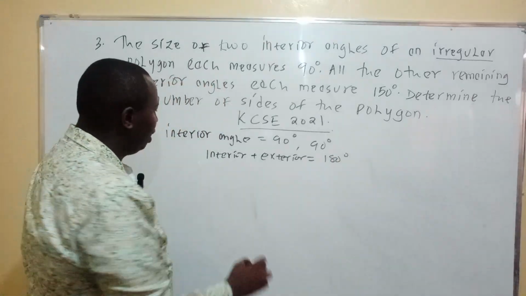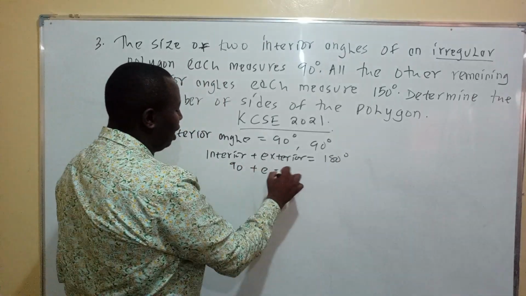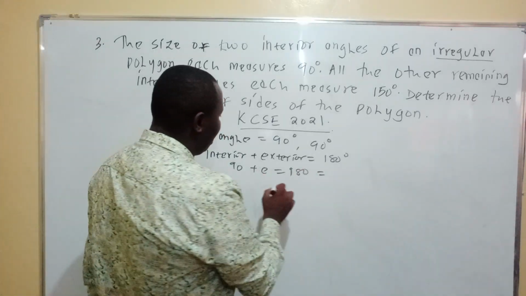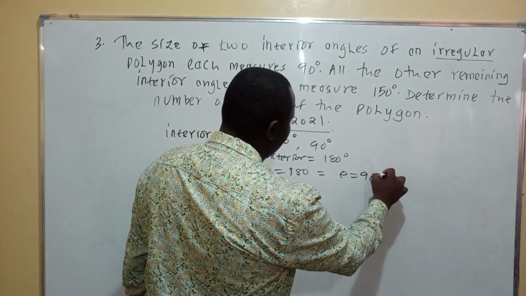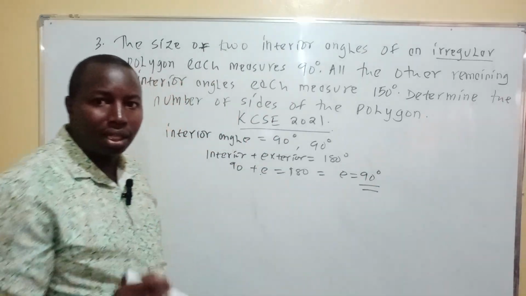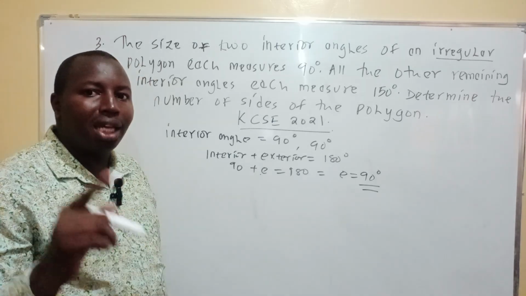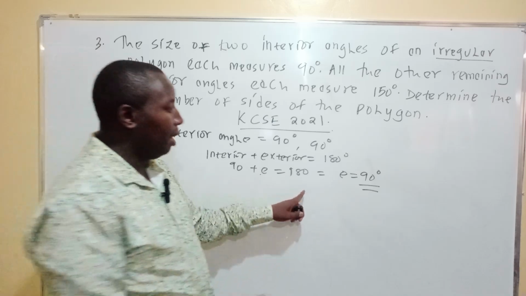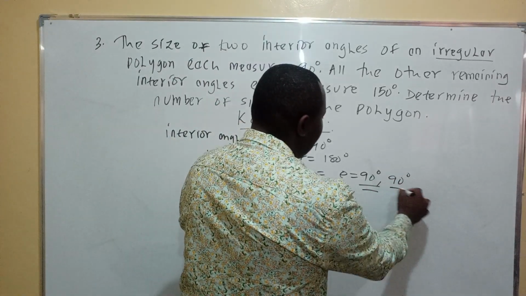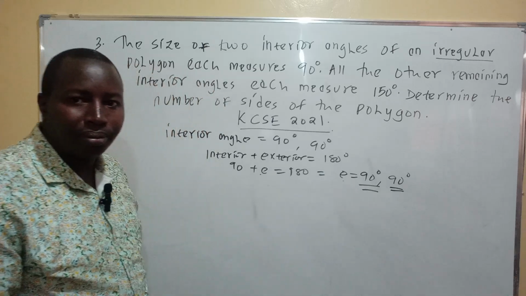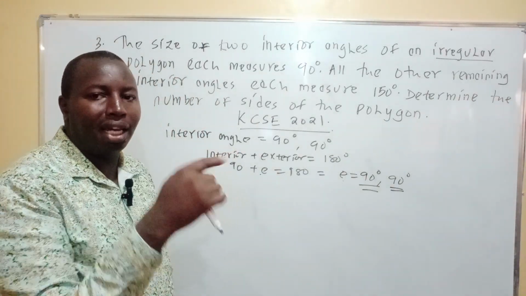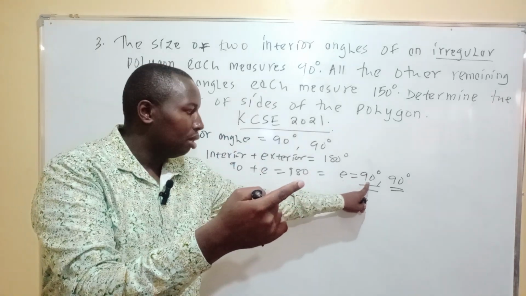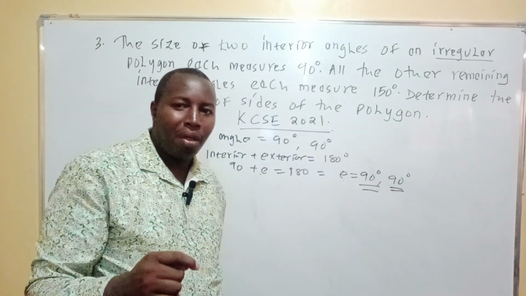So if interior is 90, plus exterior equals 180, then the exterior angle is 90 for each of the two sides. Each exterior is 90. They are both exterior angles. Then the other one is the same case.